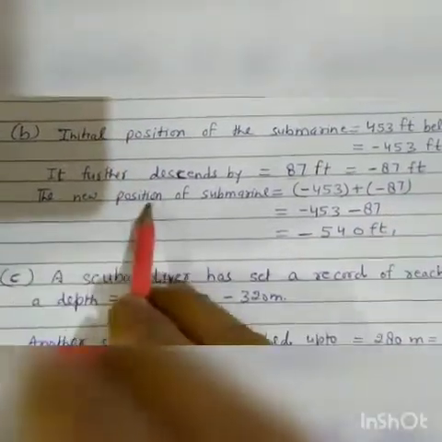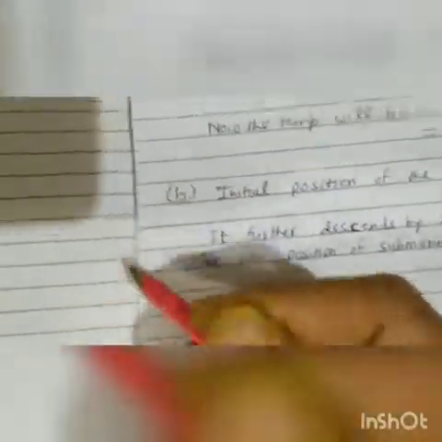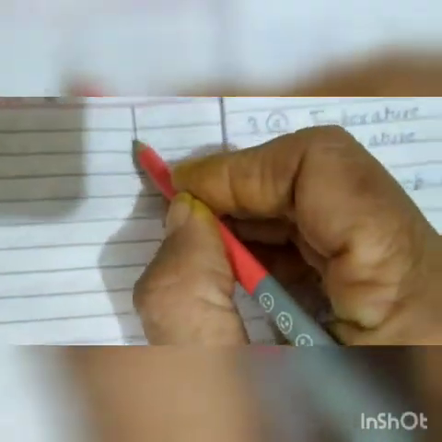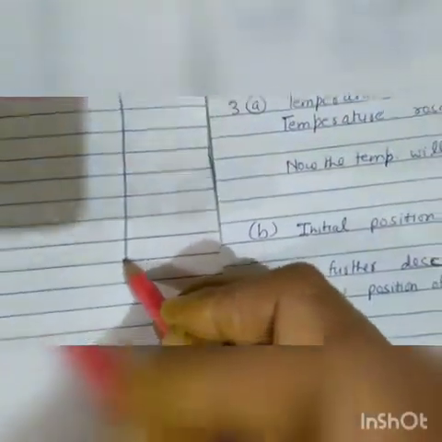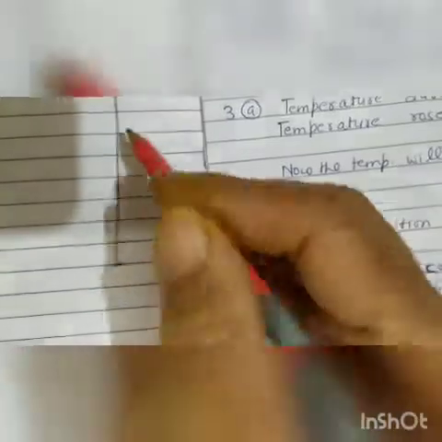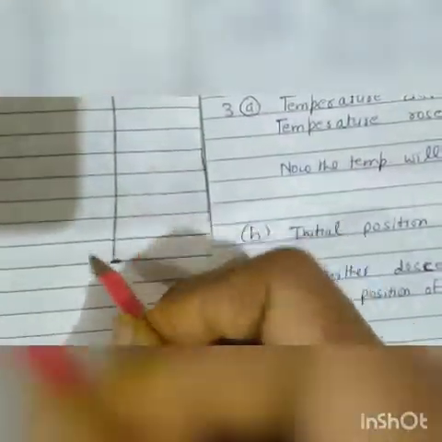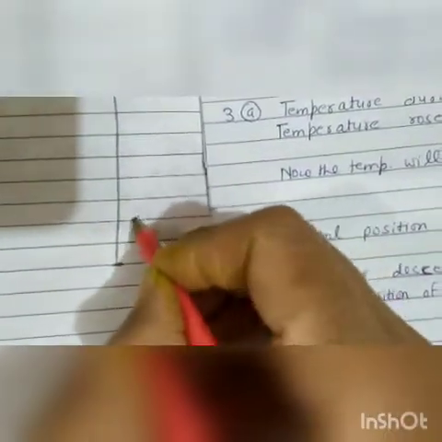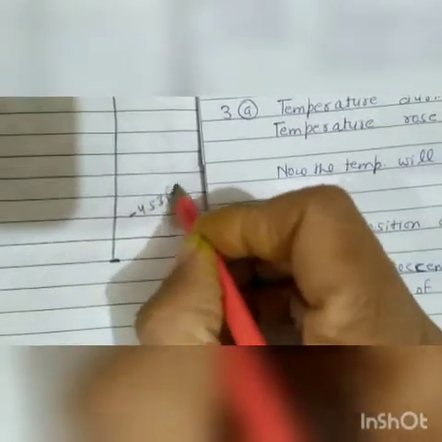Now new position of submarine. See, already submarine is here up to this position, and this distance is minus 453 feet.